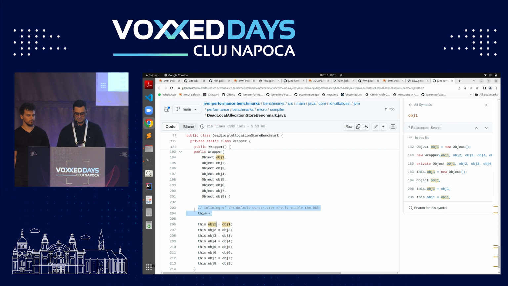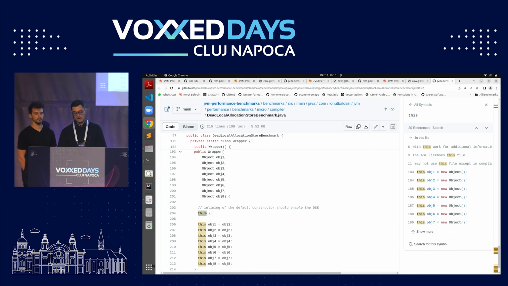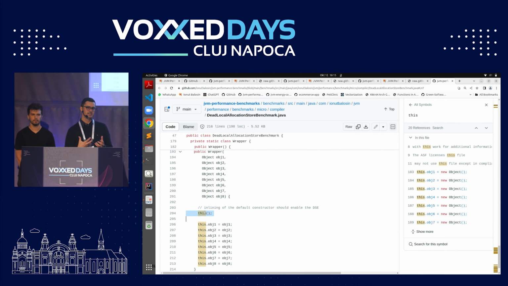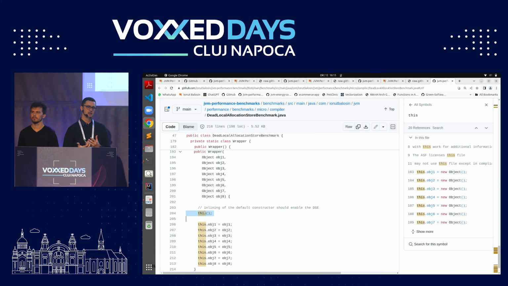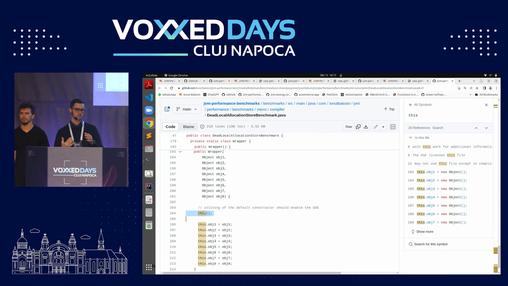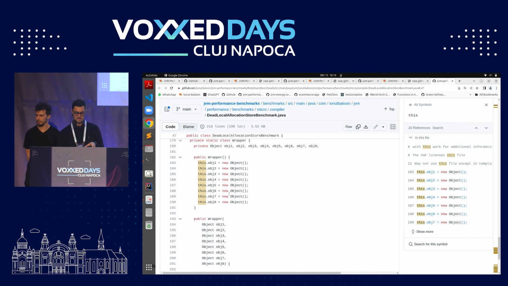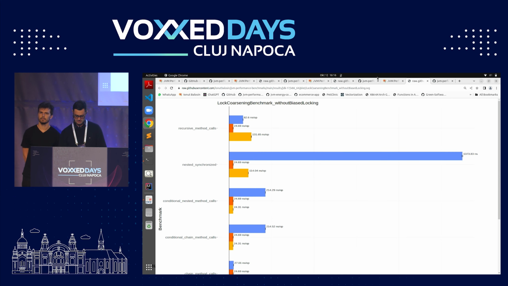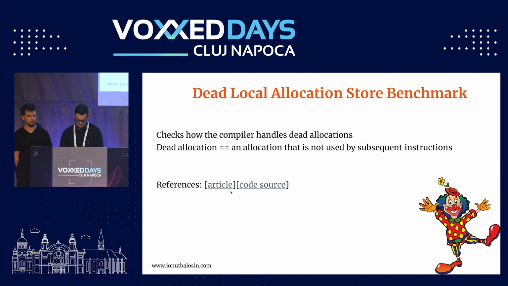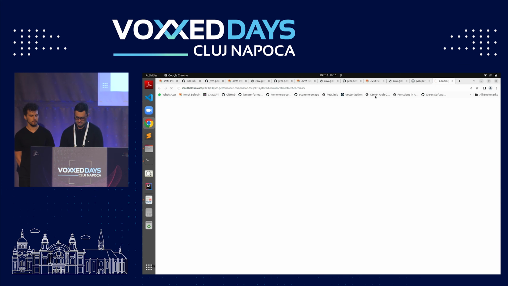And this is the thing. If the compiler detects this use case, and if it is able to inline this, it should eliminate all of these allocations. But what happened in our use case, let's go back and see it here.